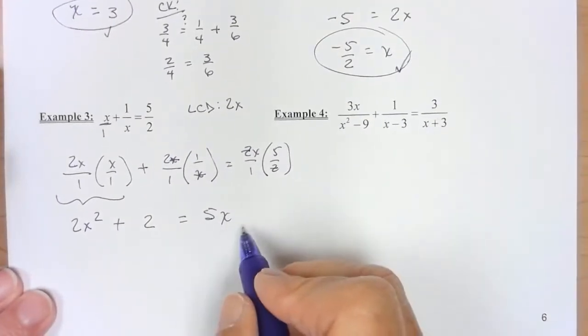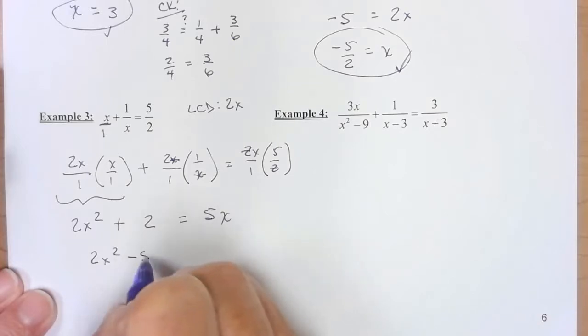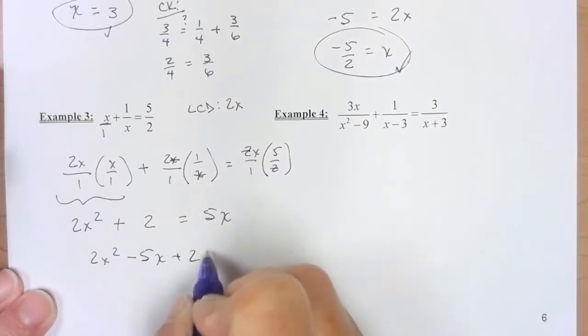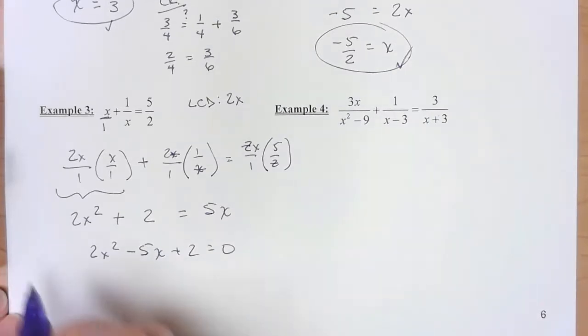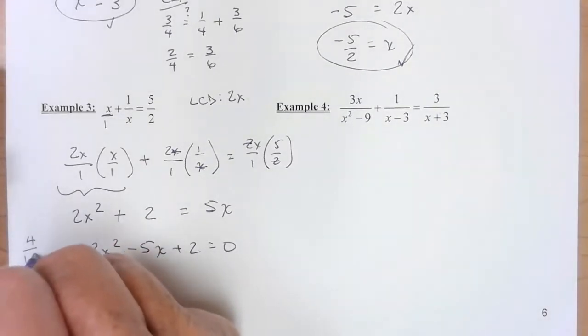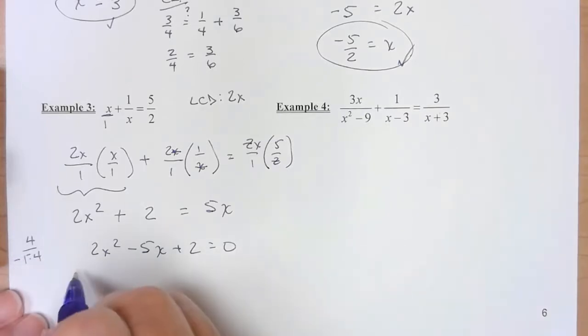This is a quadratic, so I'm going to have to subtract 5x and put this in descending order as I go. And now I need to see if I can factor. 2 times 2 will give me 4, so 1 times 4, that's what I need, except my signs need to be opposite.